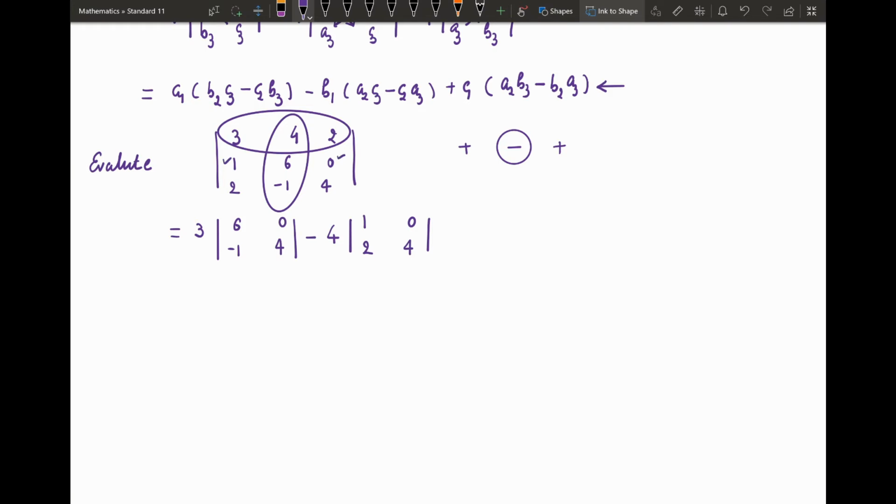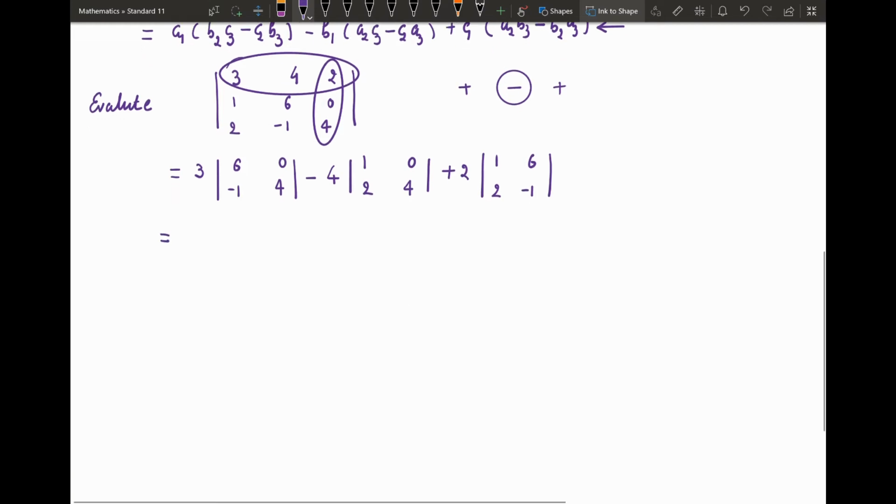Next, finally plus 2 into the 2 by 2 determinant. Leave the column and row in which entry 2 lies. The remaining will form 1, 6, 2, minus 1.